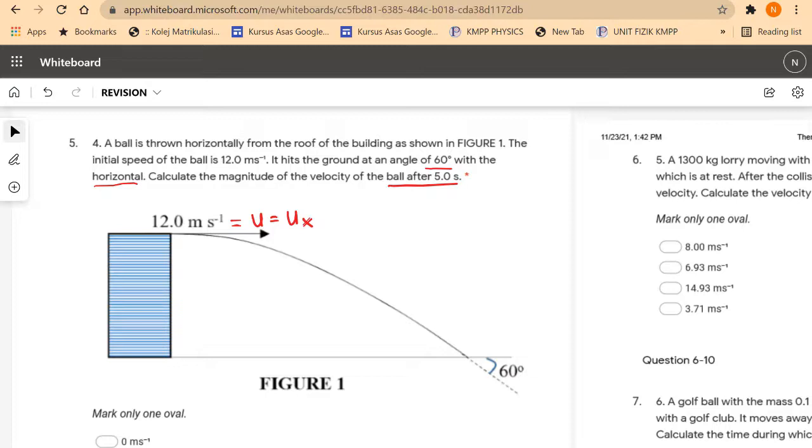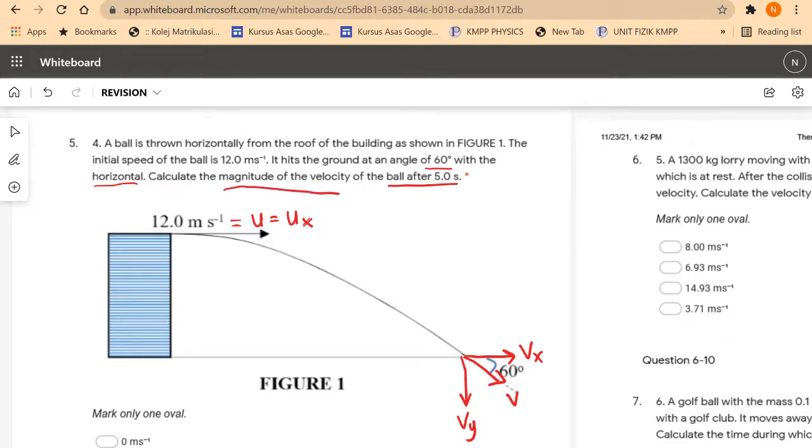Okay, after 5 seconds. So actually you don't have to use this information here. So this is the magnitude of the final velocity V. This is the X component, and this one is the Y component. So the question asks you to calculate the magnitude of the velocity of the ball after 5 seconds.